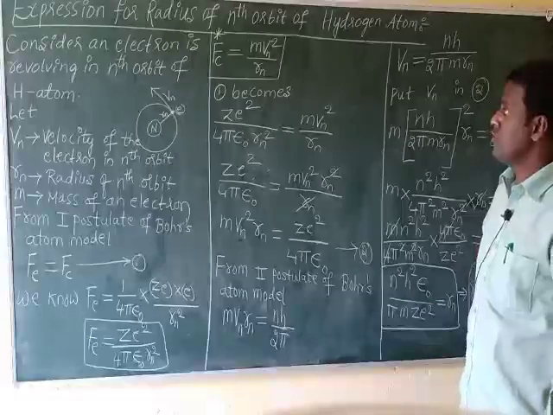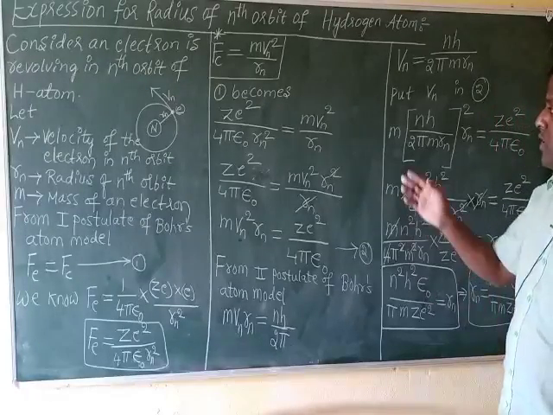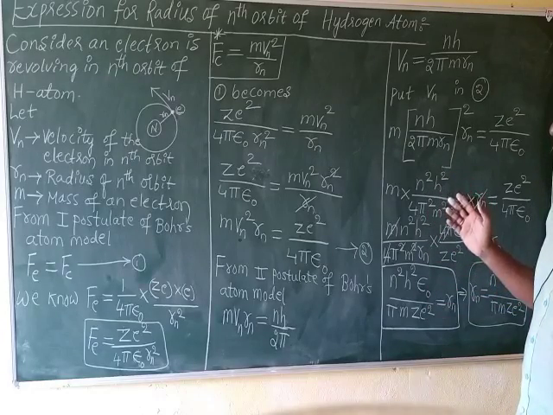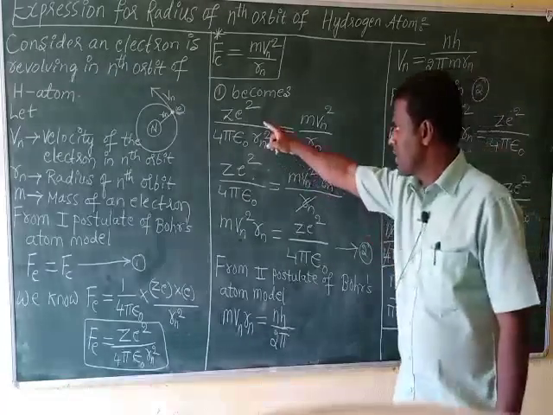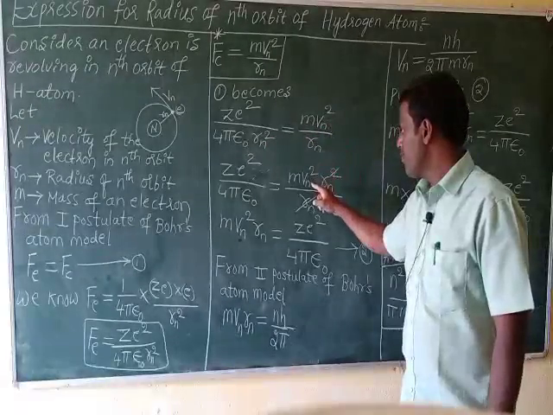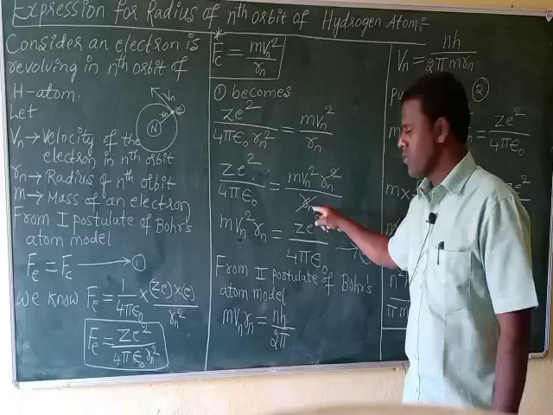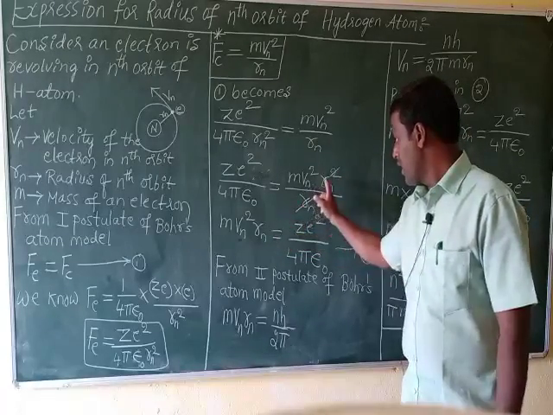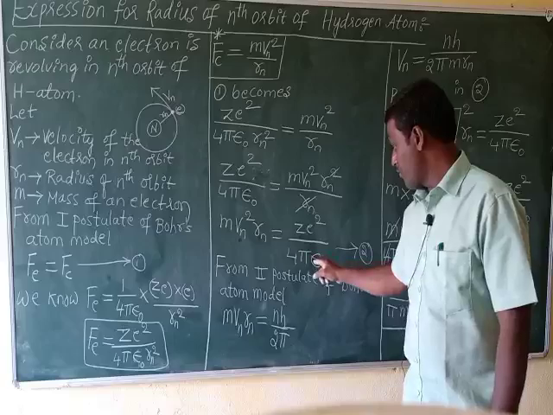Fc is m v square by R. When equating the two and cancelling the corresponding terms, Rn cancels, and we get m vn square Rn equals Z e square by 4 pi epsilon.